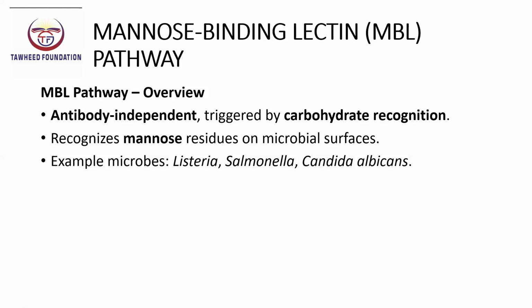This pathway is particularly important in recognizing and defending against organisms such as Listeria, Salmonella, and Candida albicans. Since mannose is rarely found on mammalian cells but is abundant on microbial surfaces, this pathway allows the immune system to distinguish self from non-self.